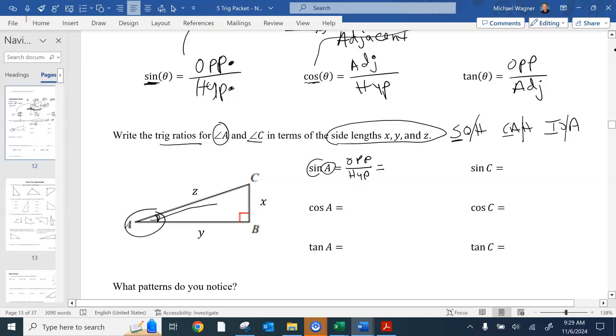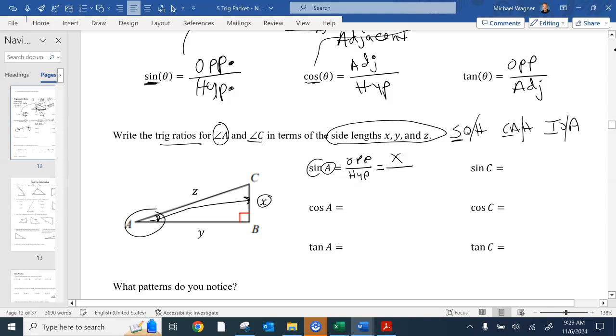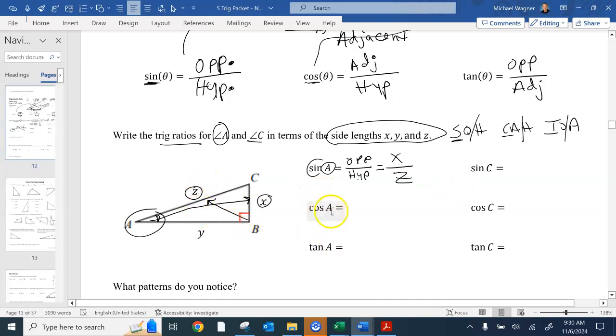A is down here, so the opposite of that is over here, which is X, over the hypotenuse. The hypotenuse is opposite of B, so that's Z. Now, you do the next one and then come back and see how I do it. Maybe go ahead and pause me, and then I'll show you how to do it.